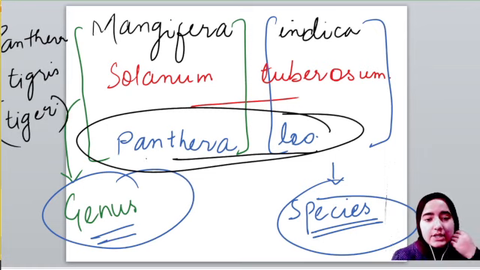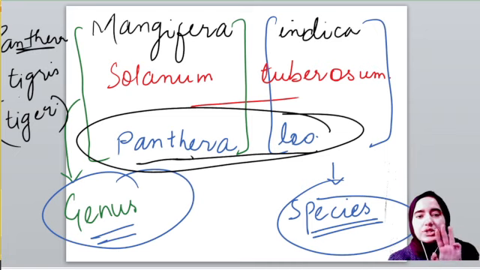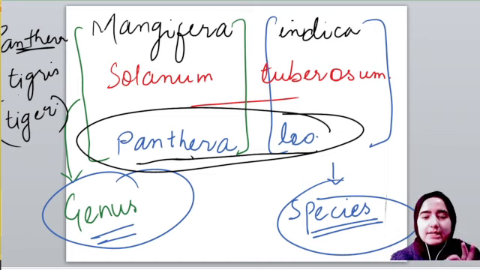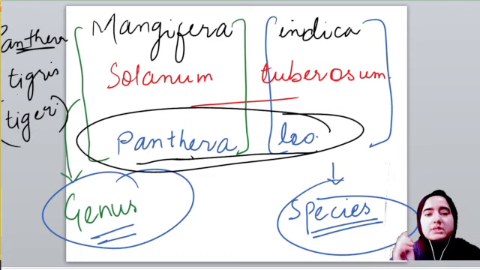That means in these three species we have the same genus, Panthera, but where lies the difference? It lies in the species. We have Panthera leo, Panthera tigris, Panthera pardus. Each genus may have one or more than one species.